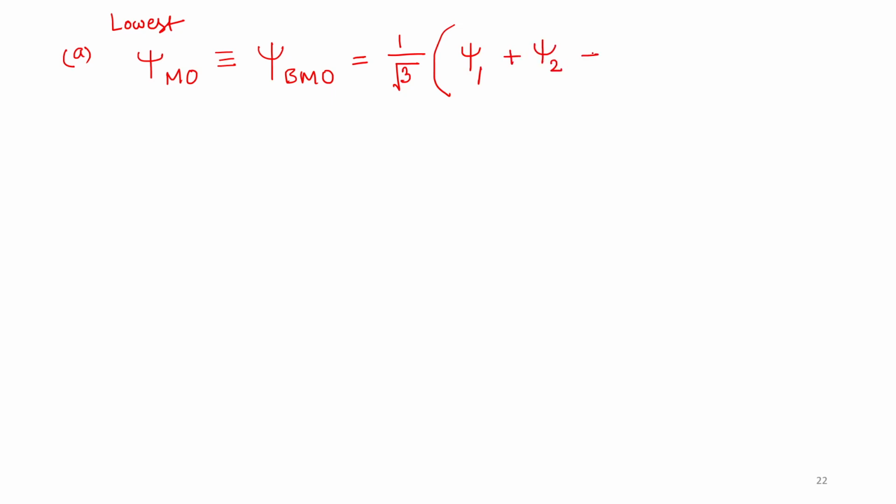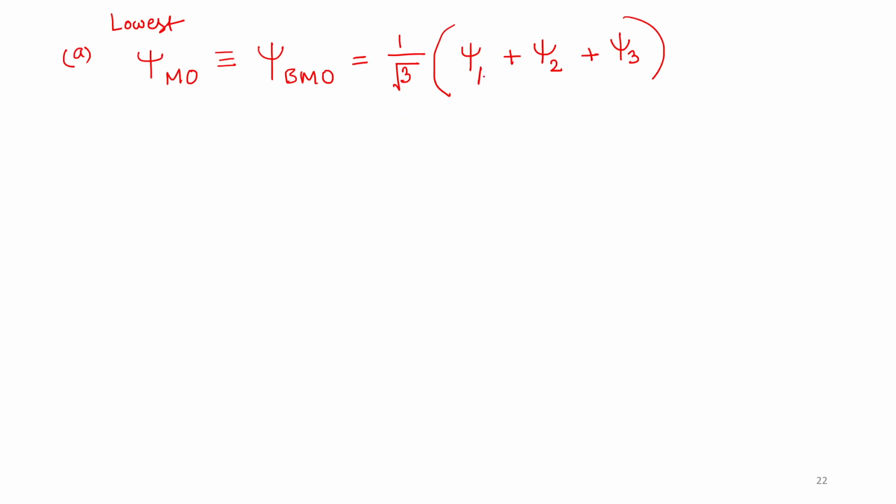So the first part, your lowest psi MO is actually nothing but the bonding molecular orbital, which is 1 by root 3 times psi 1 plus psi 2 plus psi 3.